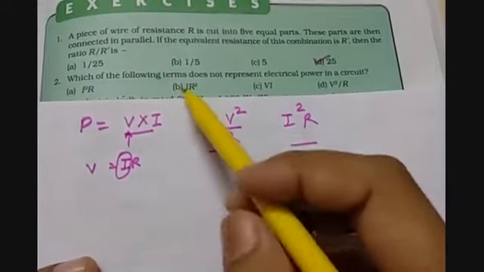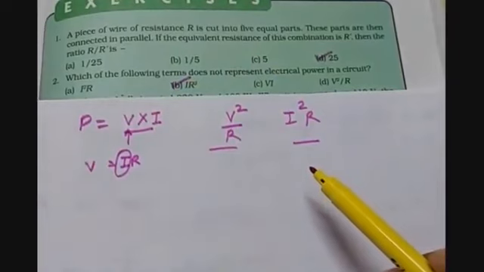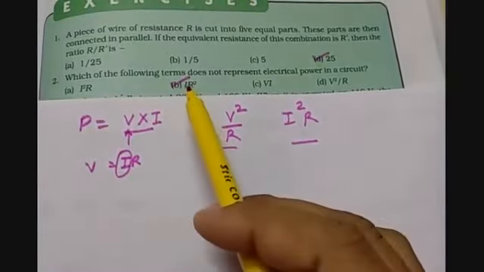But which one is the odd one here? That is B, which does not represent the electrical power in a circuit. So option B is our answer.